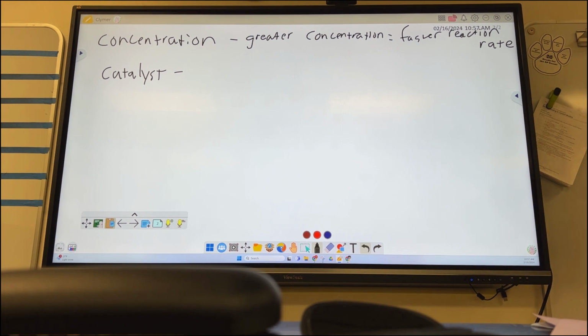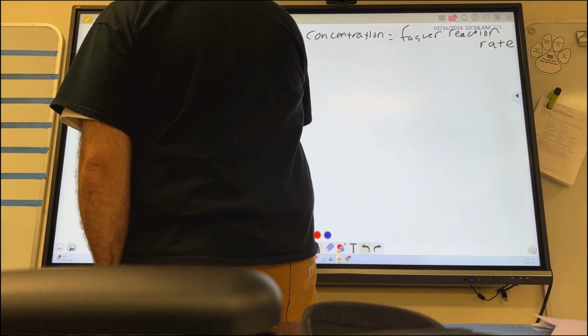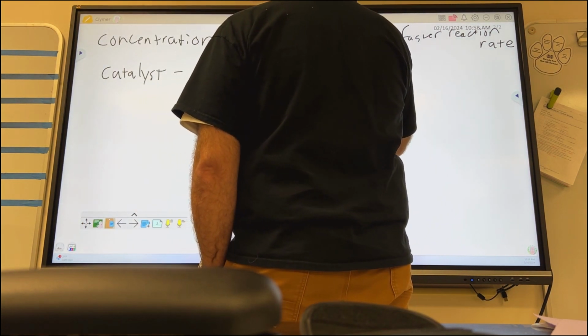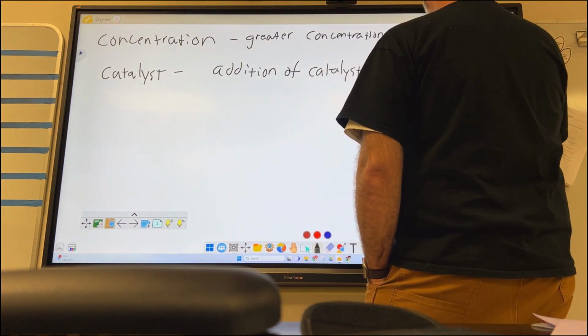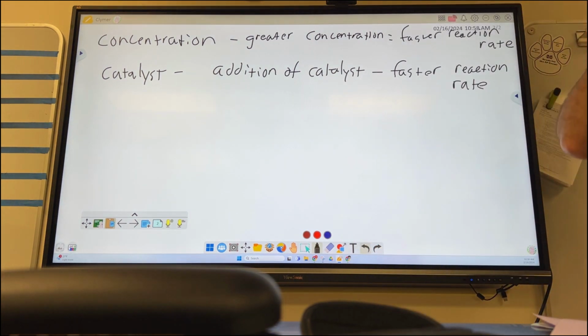No. Did we change the concentration? We didn't do any of that stuff with the catalyst. We just literally added the catalyst to, in the case of our mixture, our hydrogen peroxide. We just add a catalyst, and that makes your reaction progress faster.